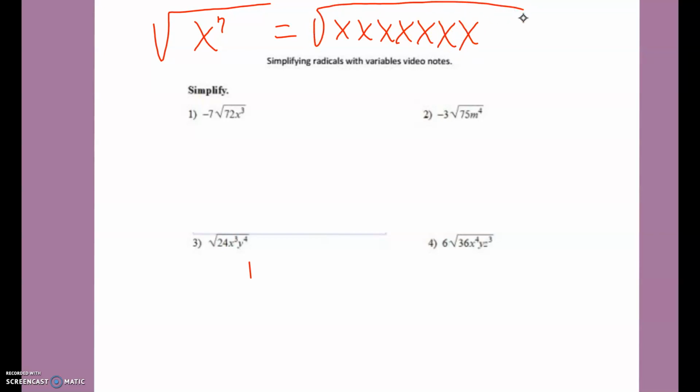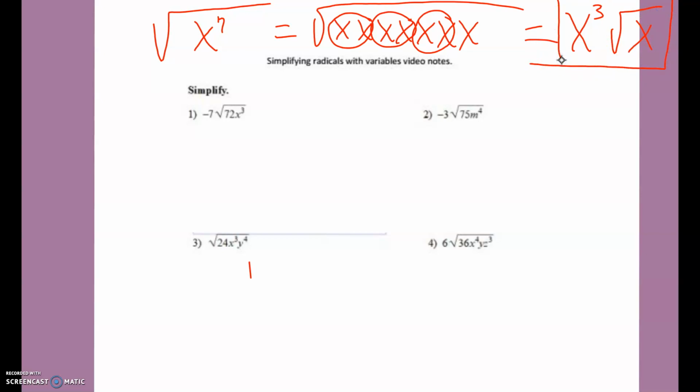How many groups of 2 do we have? We have 1, 2, 3 groups of 2. So that would be x to the third, but we have one left over, kind of like a remainder. So that one is going to stay under the radical bar.